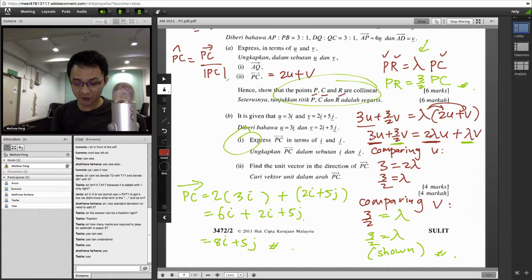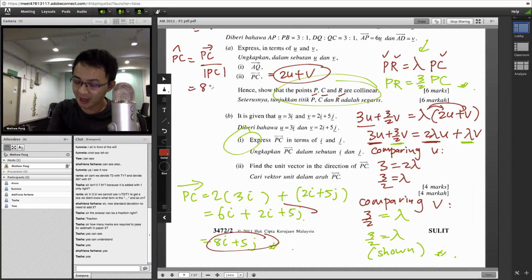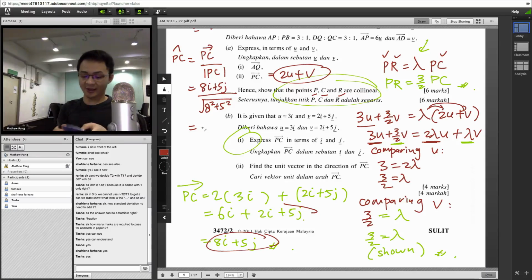The vector of PC we already have, which is 8i plus 5j. And then in order to find the magnitude of PC, magnitude basically means doing Pythagoras: 8 squared plus 5 squared, and then you square root it. You will get square root 89.